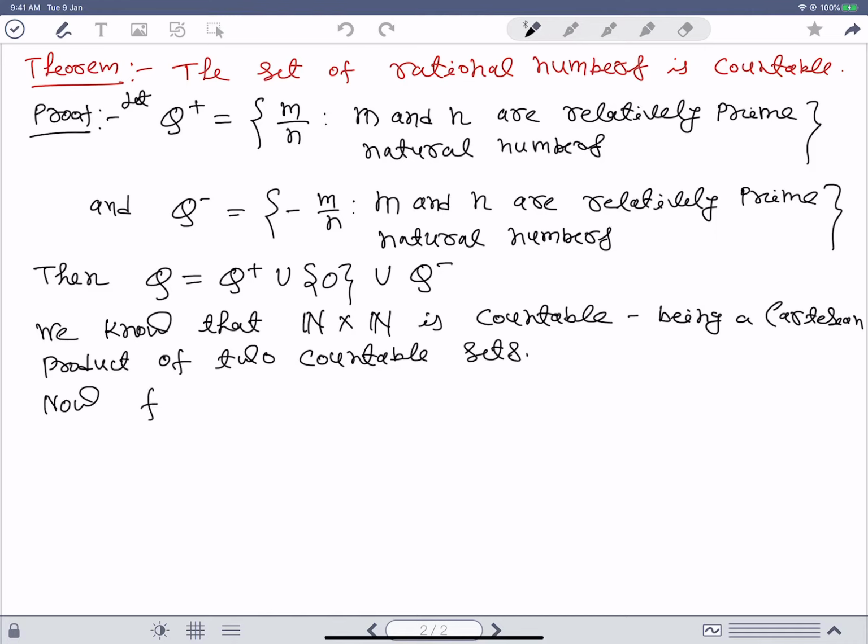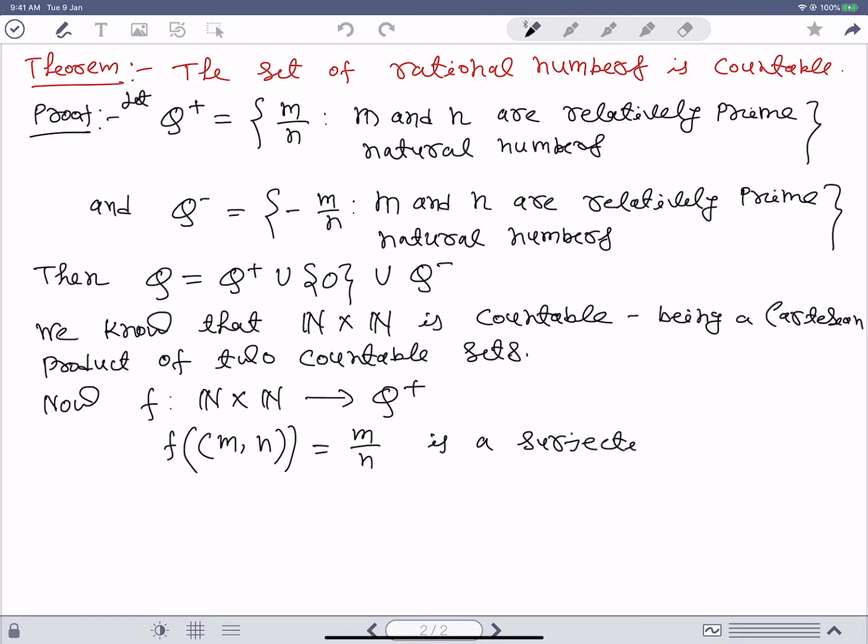Now if we define a function f from N cross N to Q plus defined by the ordered pair (m, n) going to m by n, or you can say f of this is equal to m by n, then this function is a surjective function, right? Now since N cross N is countable, that implies Q plus is countable, right?